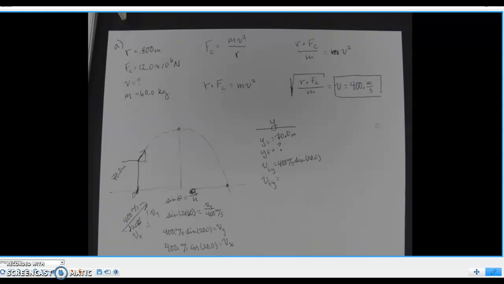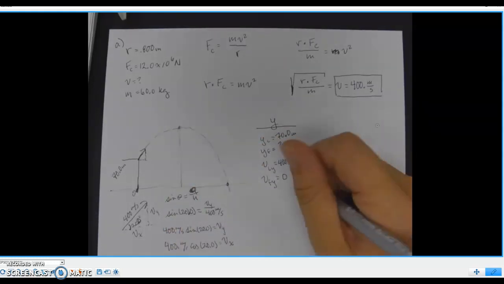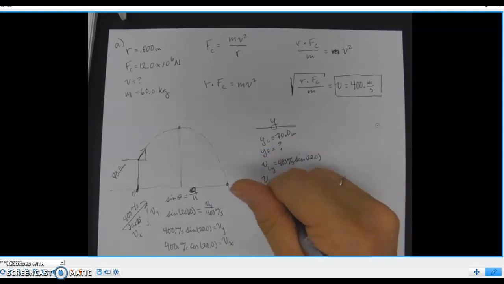And in the y direction, that velocity slows down, eventually comes to a stop when it's at the top of its arc there, and then it will increase in negative y velocity as it approaches the ground again. So at this maximum height at the top of the arc, the velocity is 0 meters per second.